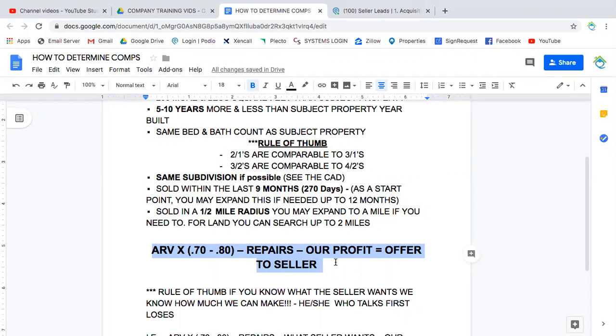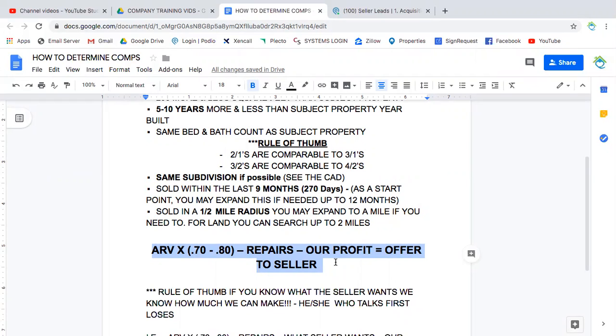You're going to see the video on how to run comps on the MLS to determine the ARV. The ARV is the number that the property will sell for after the property is repaired.